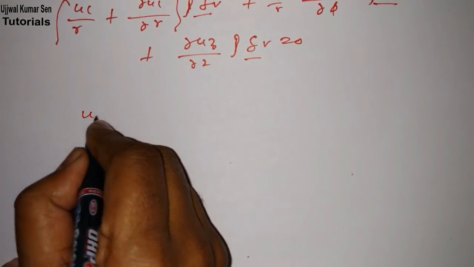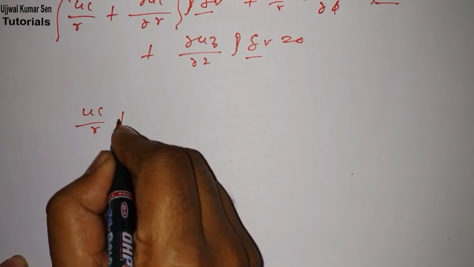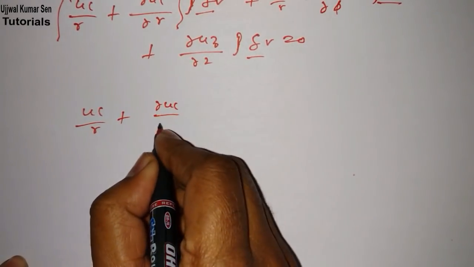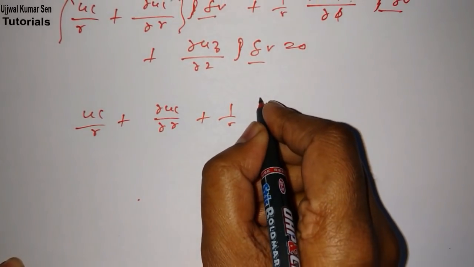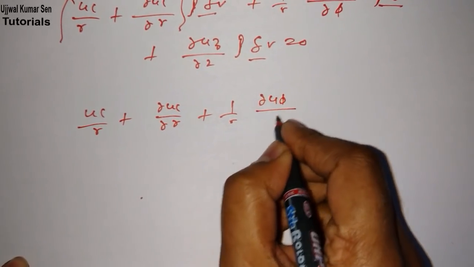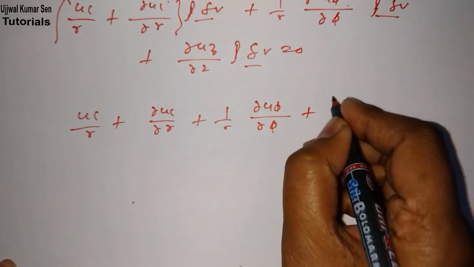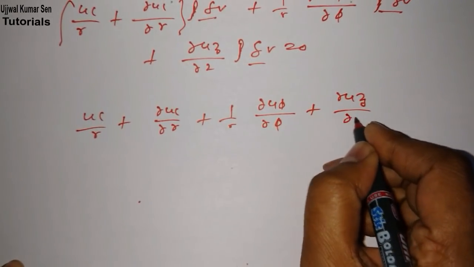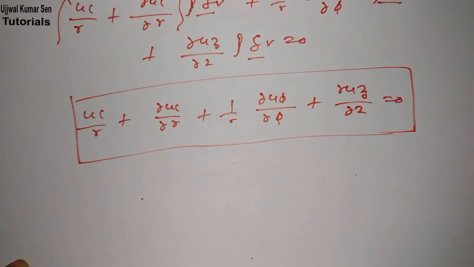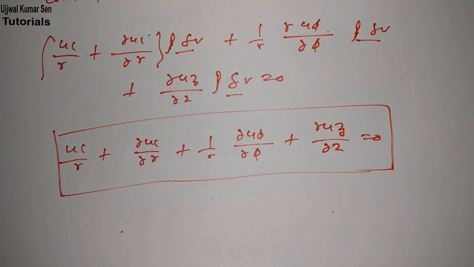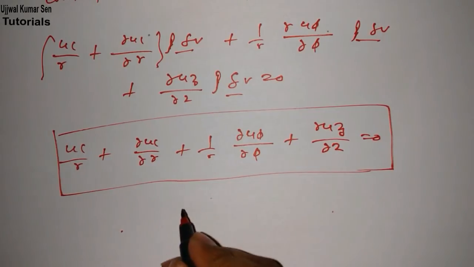So what will you get: u_r by r plus curly u_r by curly r plus 1 by r curly u phi by curly phi plus curly uz by curly z is equal to 0. So this is the equation we got, the continuity equation for the case of cylindrical coordinates.